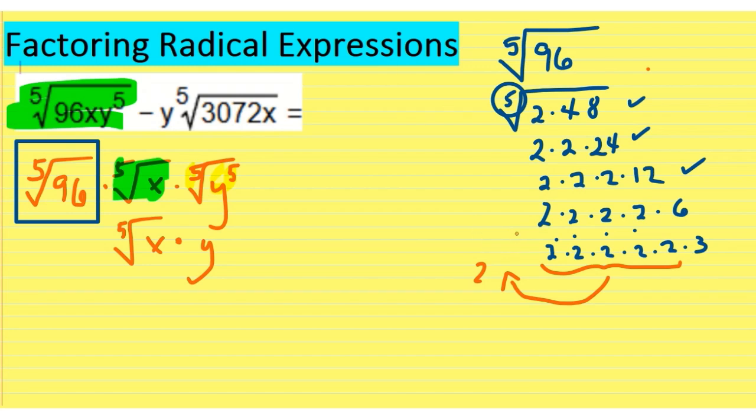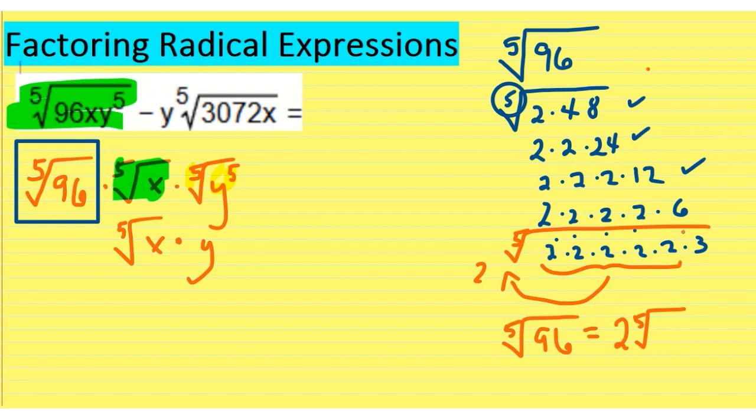Again, this is the fifth root of all of this. One of those 2's comes out to represent the 5 2's. And so that means that the fifth root of 96 is going to be equal to a 2 times the fifth root of whatever has to stay in the house.